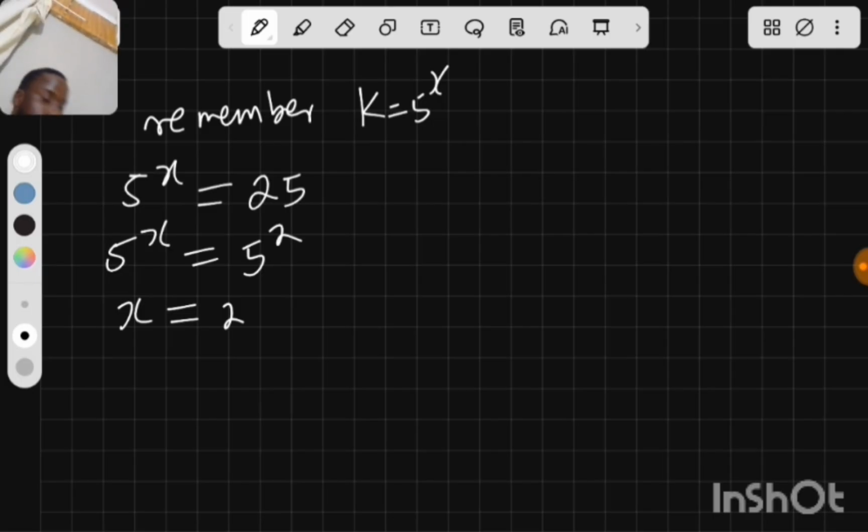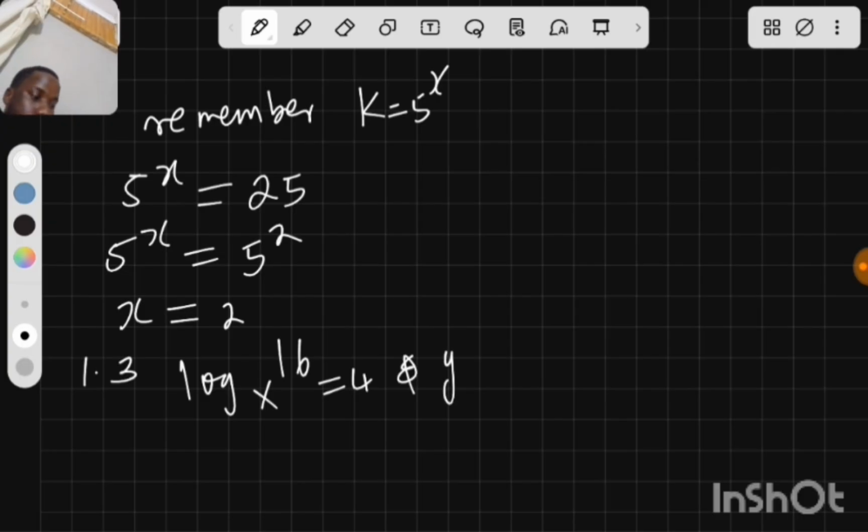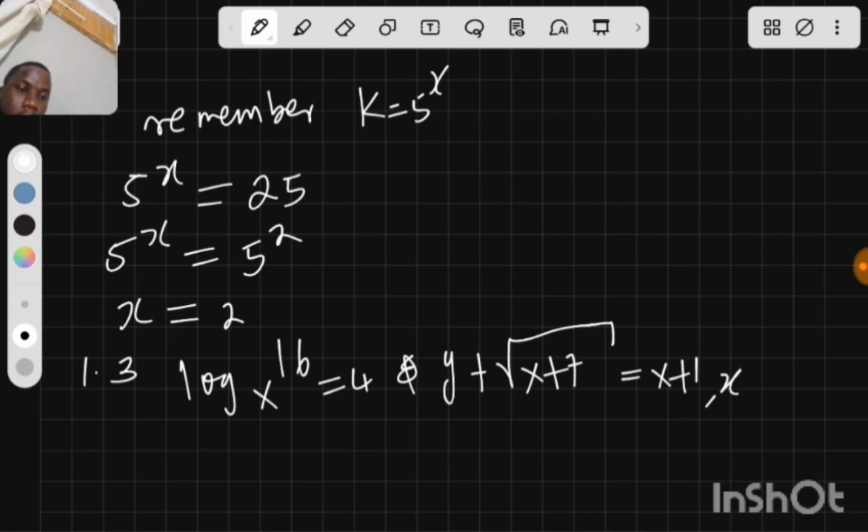Example 1.3. This is all for x and y. The log of x to the power 16 is equal to 4, and y plus the square root of x plus 7 is equal to x plus 1, where x is greater than or equal to 1.